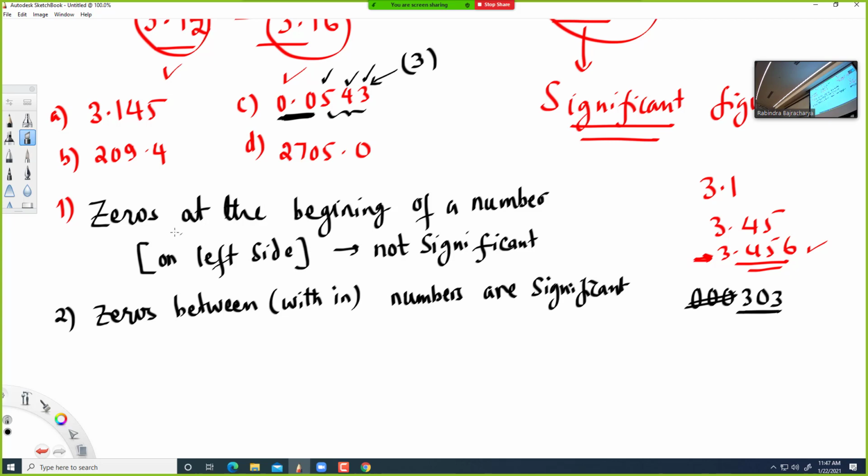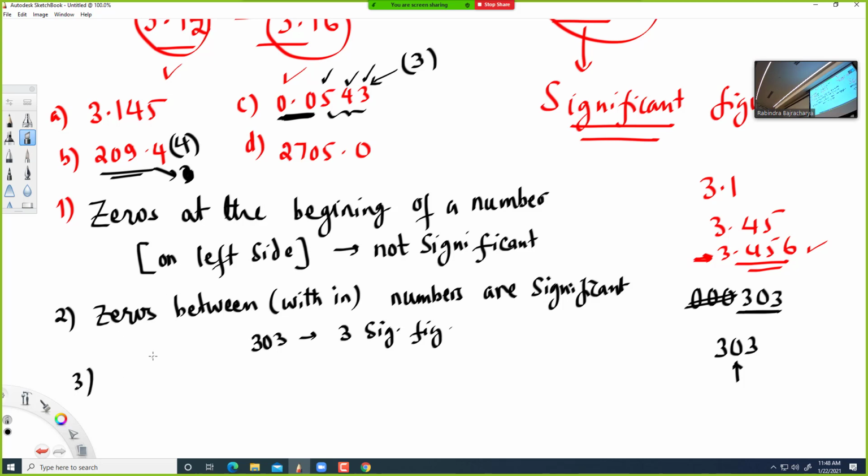For example, you have 303, so this 0 between the non-zero numbers is significant. So 303 has 3 sig figs, 3 significant figures. Likewise, here you see this 0 is significant, because it's between 2 non-zero numbers. So that means this one has 4 sig figs, 4 significant figures.